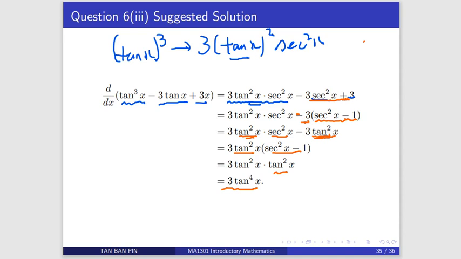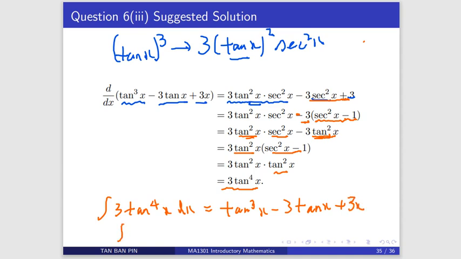So with that, you can say if you integrate 3 tan to the power 4 x dx, it must give you back tan cube x minus 3 tan x plus 3x. And the integral of tan to the power 4 x dx will be 1/3 of the answer.